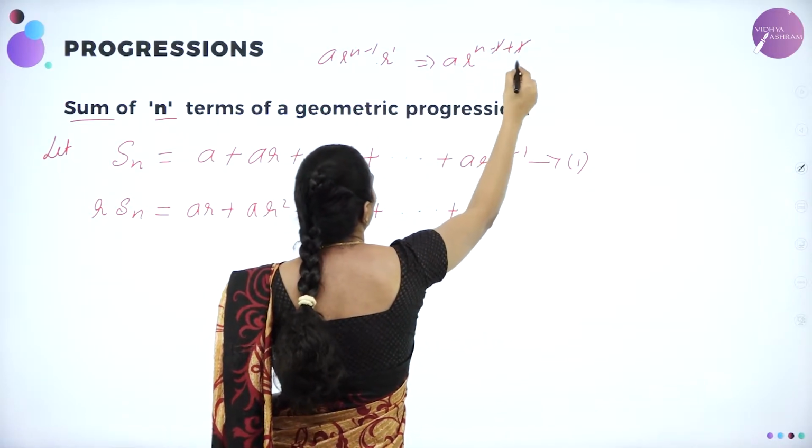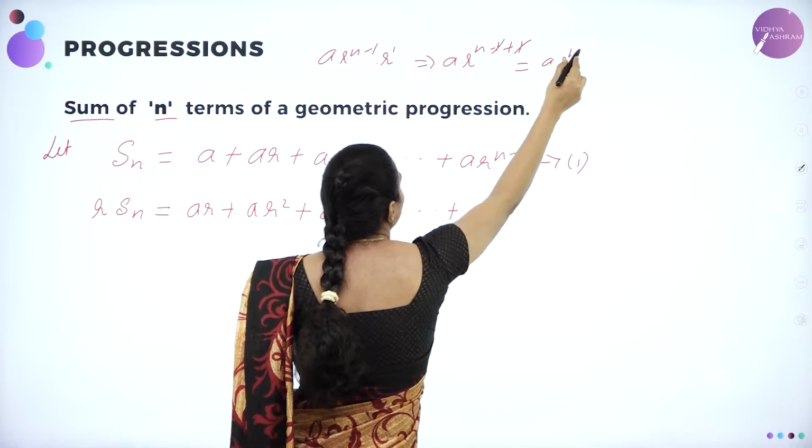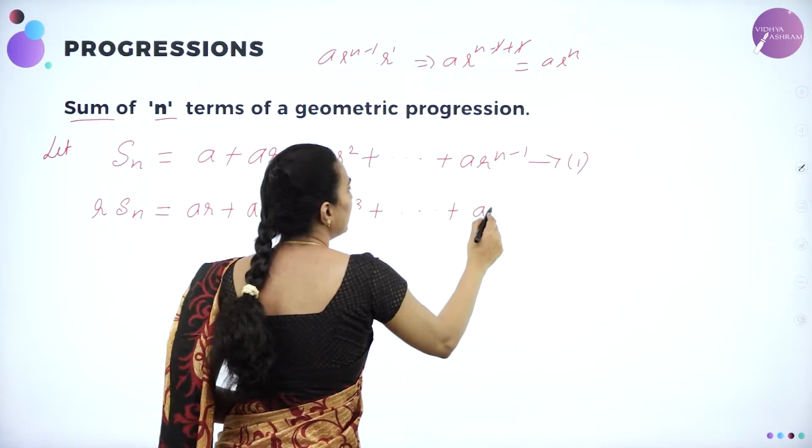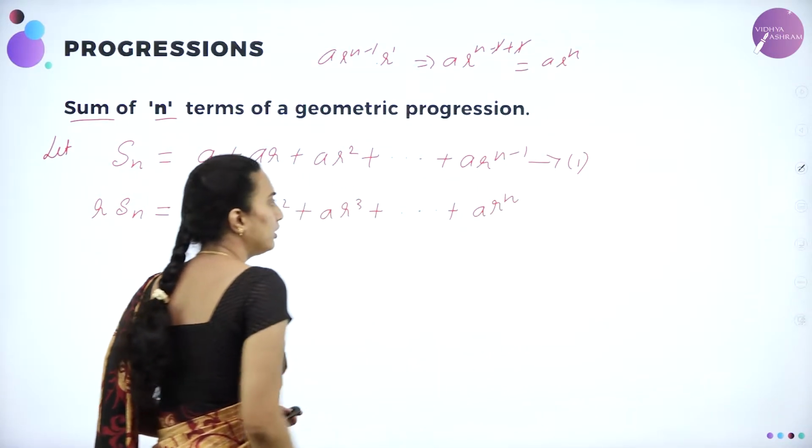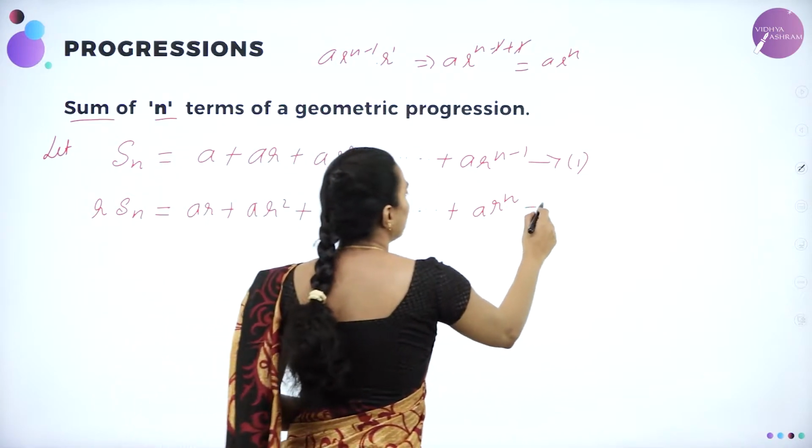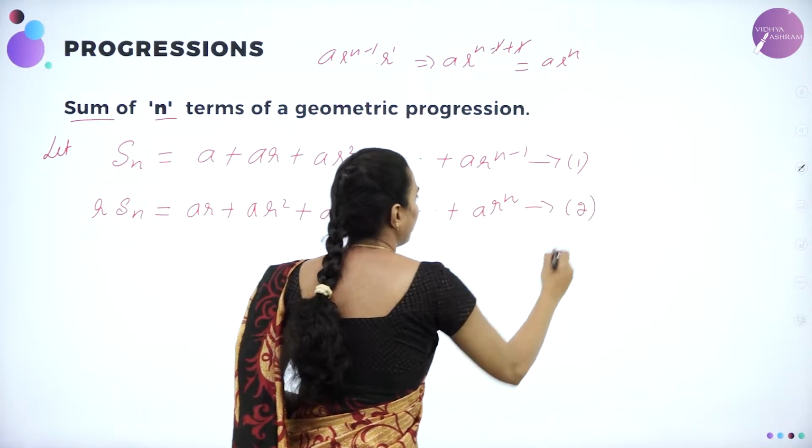Minus 1 plus 1 will go. Remaining is AR to the power of n. So the last term here is AR to the power of n. Understood? So this equation I am calling as 2.